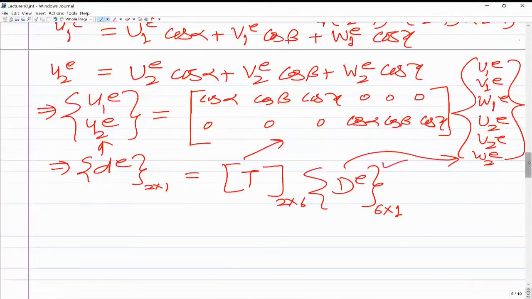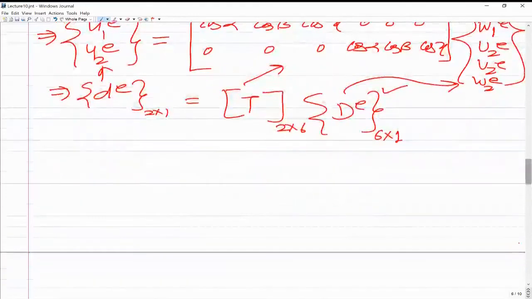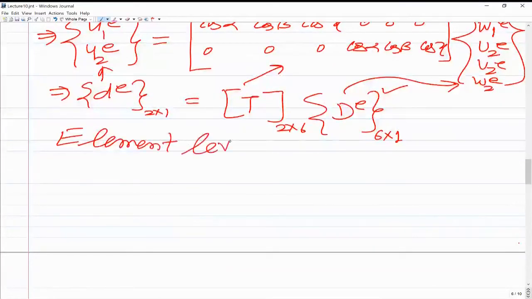Now we have already discussed how to derive the element level governing equations. After the transformation, we write this small d in terms of capital D, and also pre-multiply the element level governing equation by T transpose, so we get the transformed governing equation.